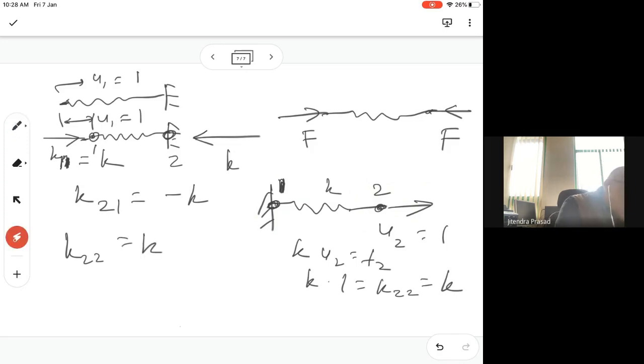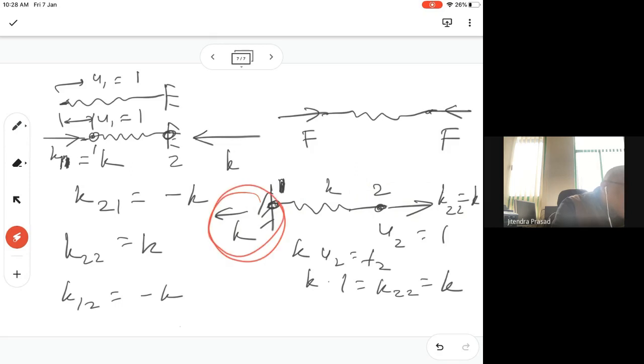Now, that really means in this case, if U2 equal to 1, then K22 equal to K, basically. And the force at node 1 will be in the opposite direction. So if it is K here, it will be K but in the opposite direction, and hence K12 will be minus K. Why?